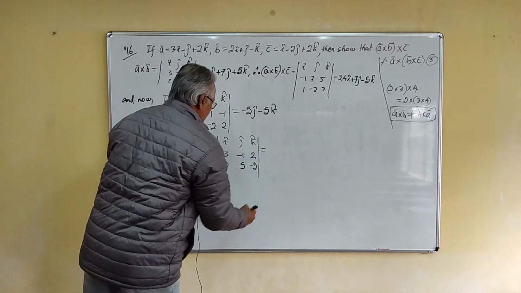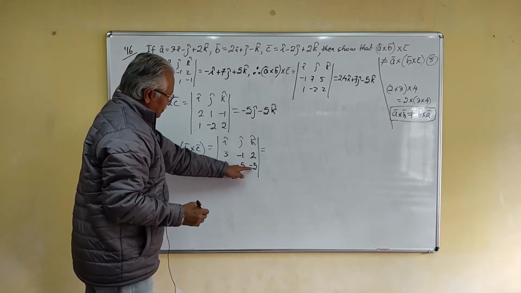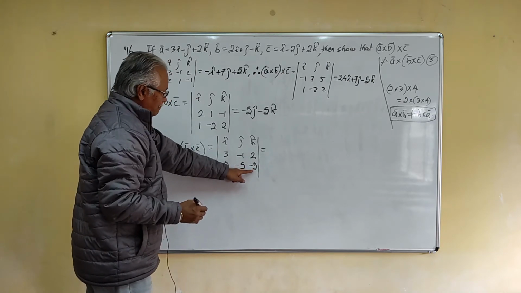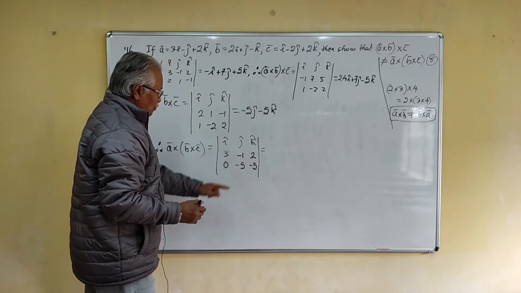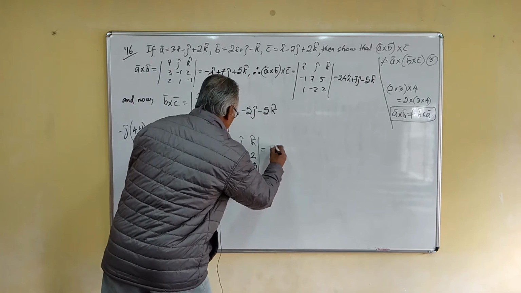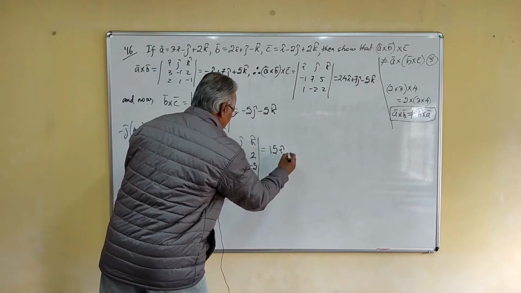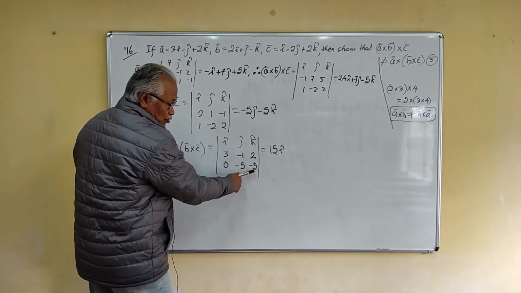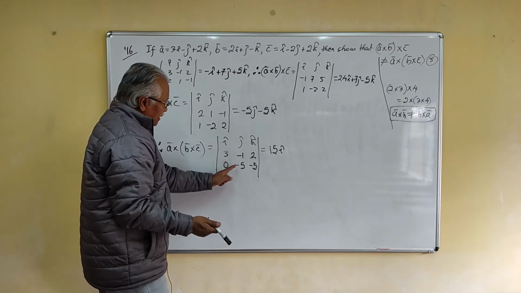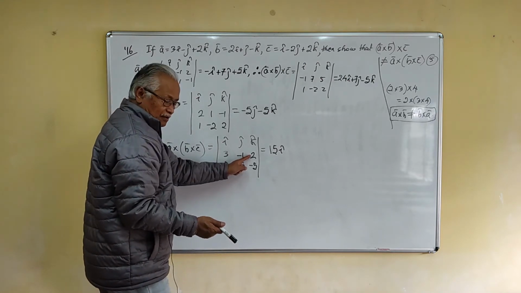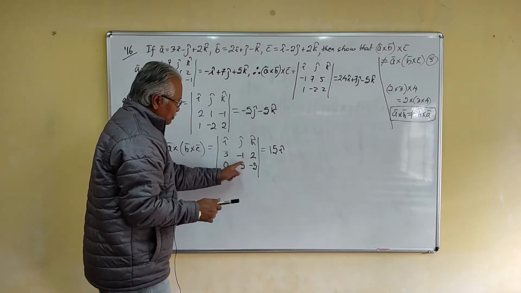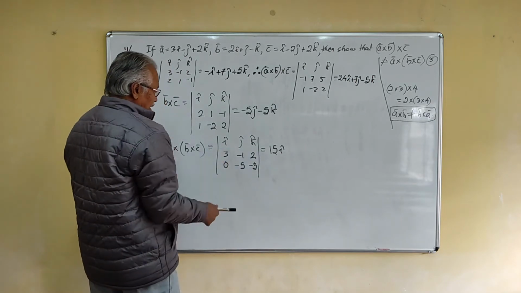So this will give you 5. 5 plus 10 will be 15i. Is it okay? 15i, because minus 1 into minus 5 is 5, and subtract minus 10, you will get plus 10. So 5 plus 10 is 15i.